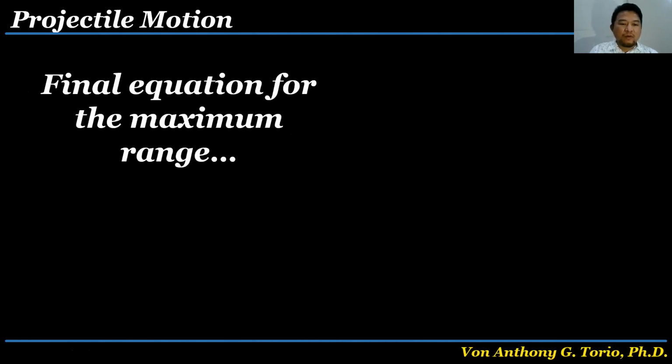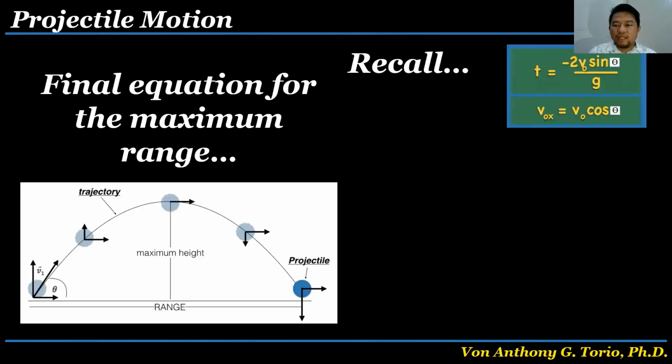Now we go back to our maximum range equation, which we initially expressed as r is equal to v naught x t. We take note again that v naught x is v naught cosine theta, and we look for an expression for the time, the total time of flight of the projectile, and we plug it into our values initially. So that's what we have here. That's negative 2 v naught sine theta over g.